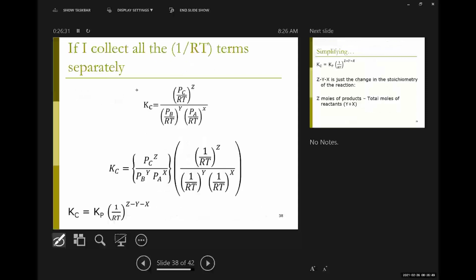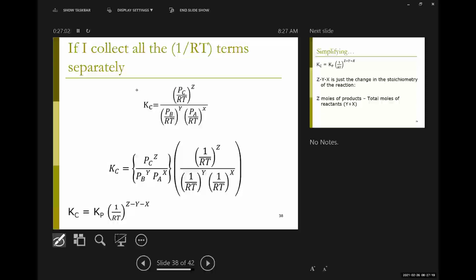And if I take them out, there's good old Kp. And so as you can see in somewhat exotic algebraic fashion, every Kc value for a reaction is related to the Kp value for the reaction directly. I just have to deal with all the RTs.